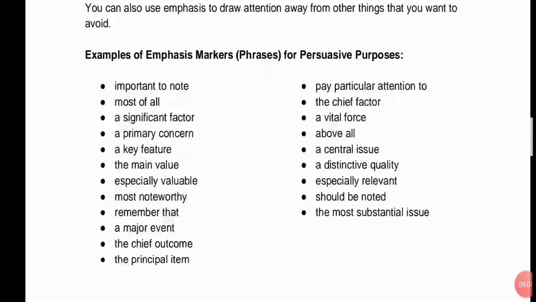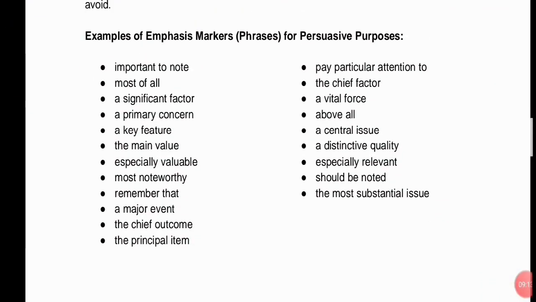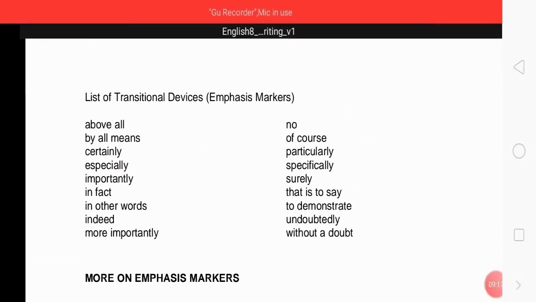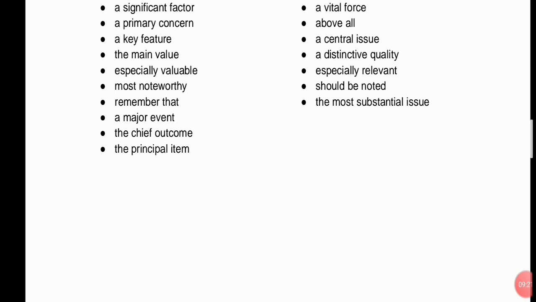It's an easy lesson. What's most important is you need to memorize or be familiarized with these markers, especially this one and this. You need to have a totally 100% convincing power.